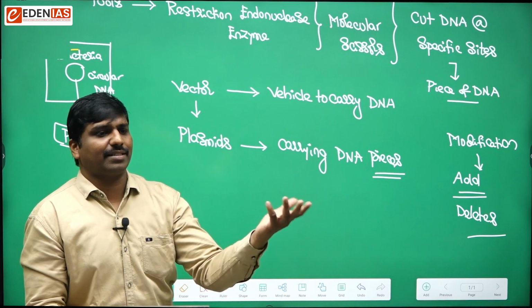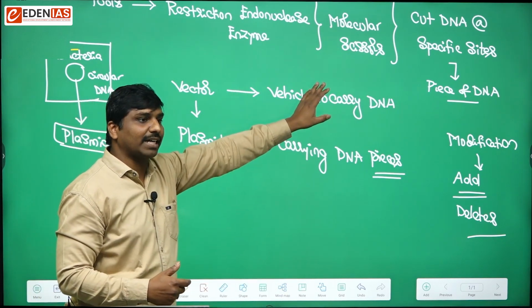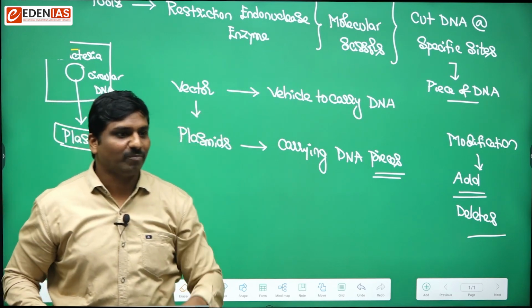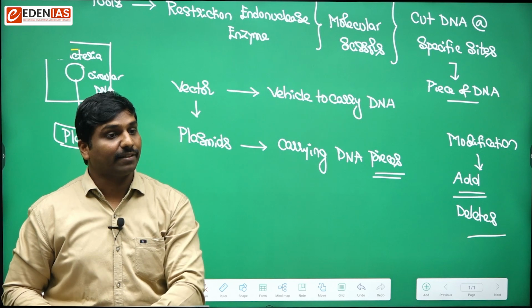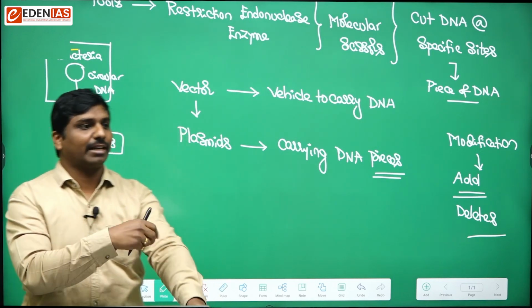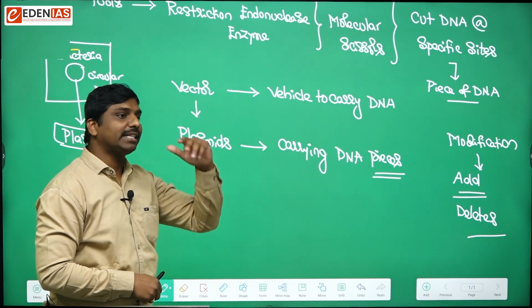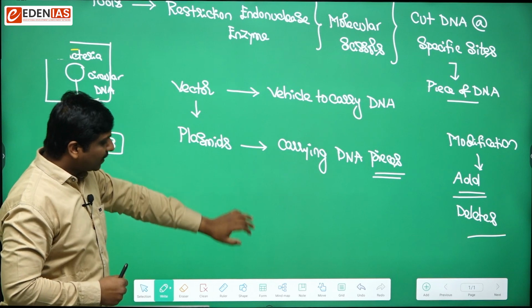Vector is the vehicle, in a simple manner. Here with respect to genetic engineering, we are calling it a vector. With respect to diseases, we have different vectors. Vector borne diseases means vehicle borne diseases. It can be microorganisms, it can be insects, so there can be different vectors, vehicles to carry diseases. So their context varies.